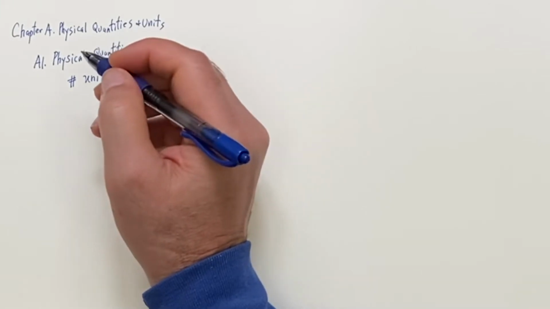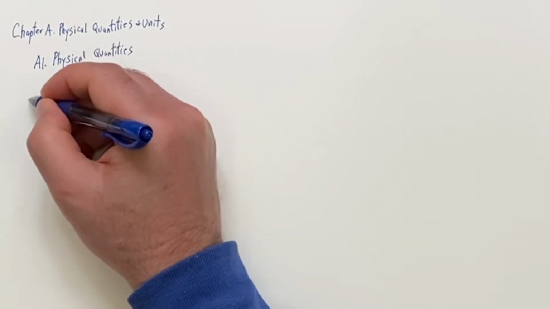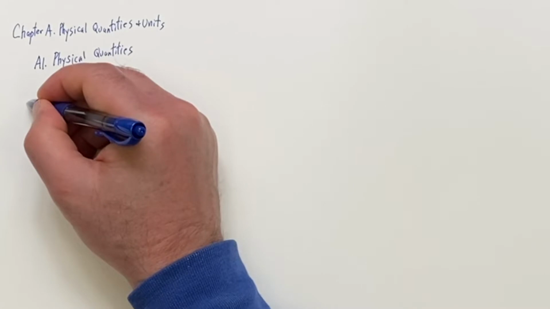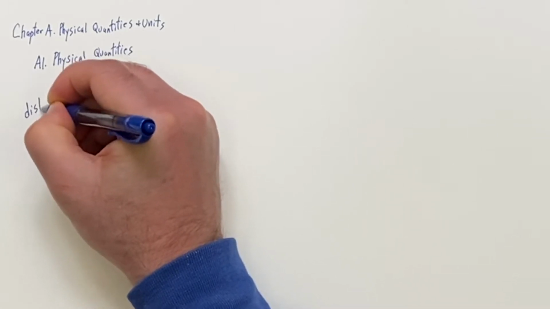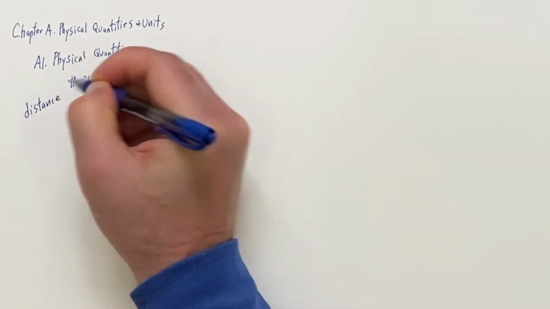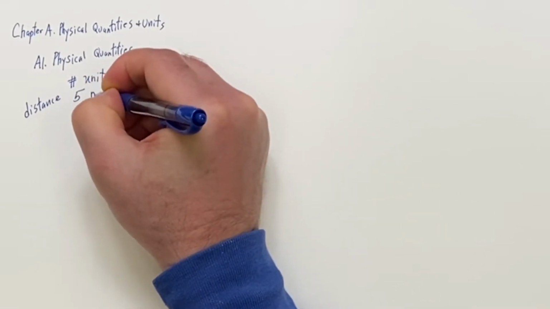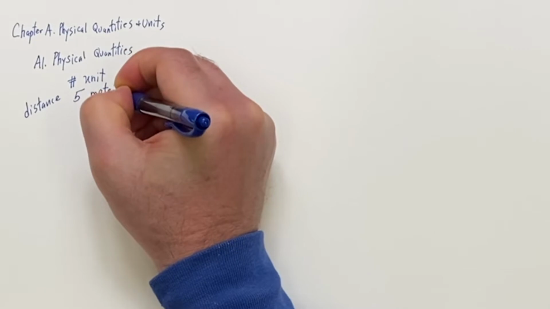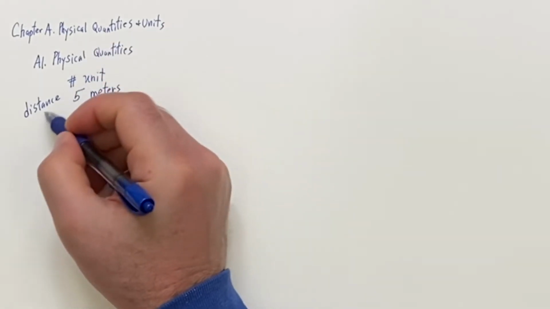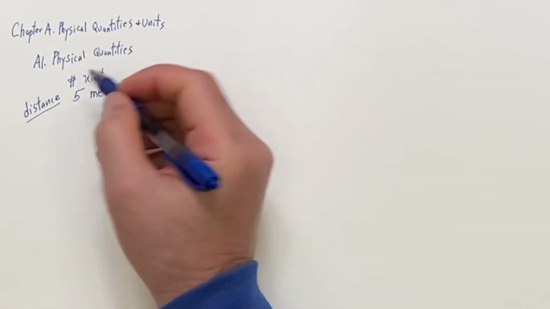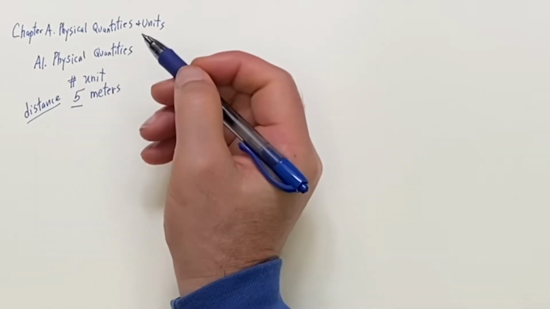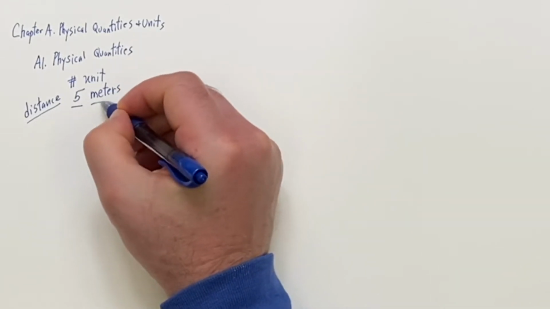An example would be, say, let's take distance. We could have 5 meters. So the physical quantity is distance. The number here is 5. And meters would be the unit.